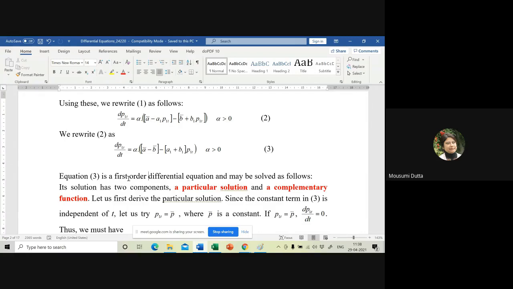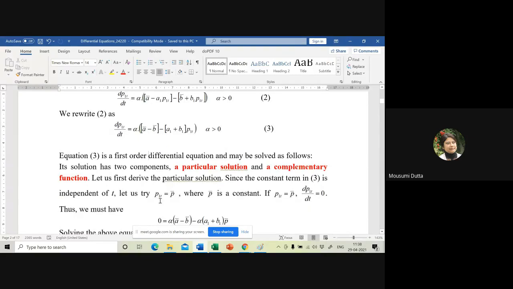Since the constant term in equation number 3, alpha into a bar minus b bar, is independent of t, let's try P1t is equal to P bar, where P bar is a constant. You can write P E if you like, whatever you like.